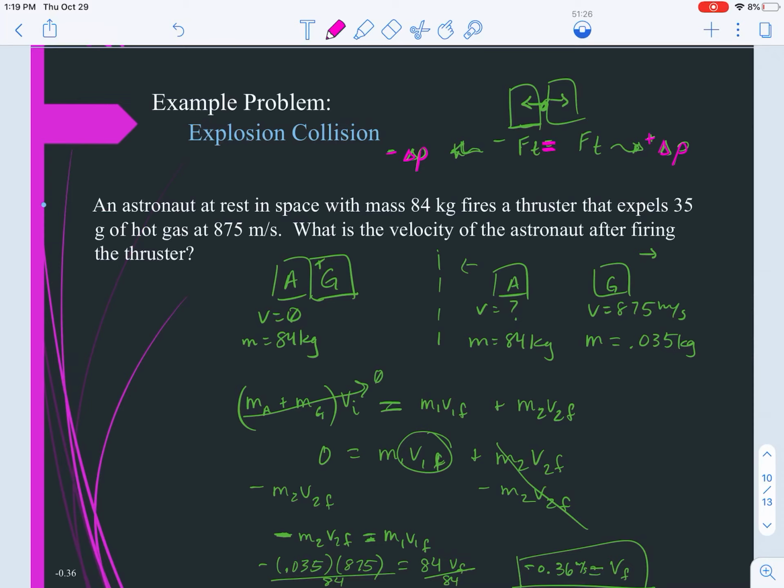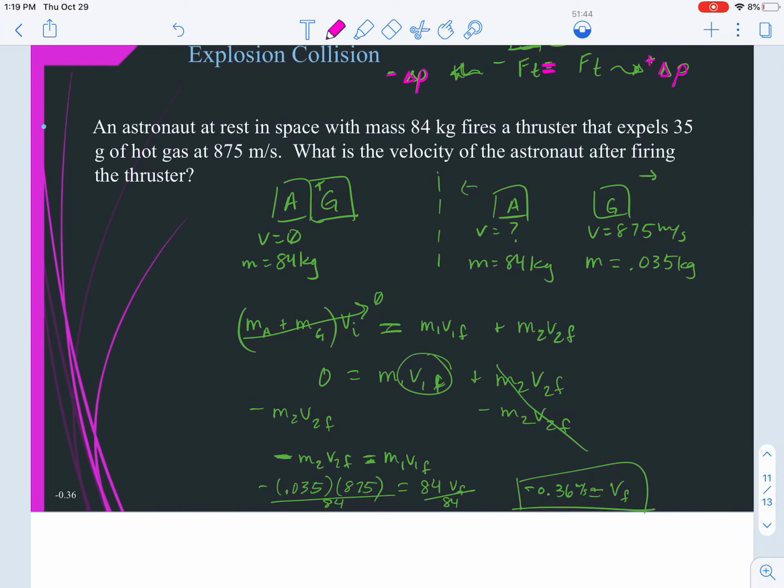And so these two are going to be equal in magnitude because they both experience the same impulse, so they're going to have the same change in momentum. They both were initially at rest, so VI is 0 in both cases, so their momentums after the collision are going to be the same.